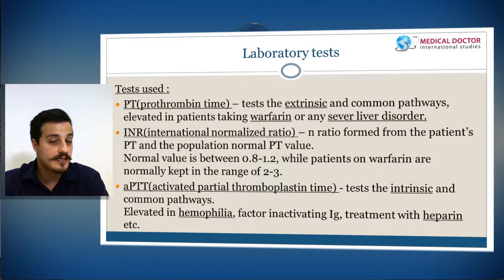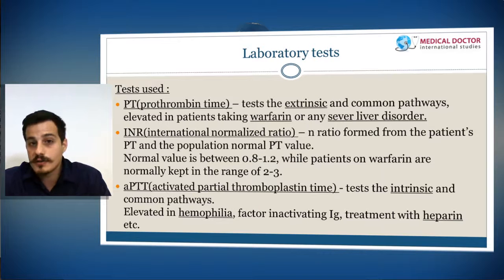Now let's talk about some of the laboratory tests that we use to evaluate the coagulation cascade as well as the platelet function. Our first test is PT, or prothrombin time. What is important for you to remember is that it is testing the extrinsic pathway as well as the common pathway, and it is elevated or is used to monitor patients who are taking warfarin or have any severe liver disorder.